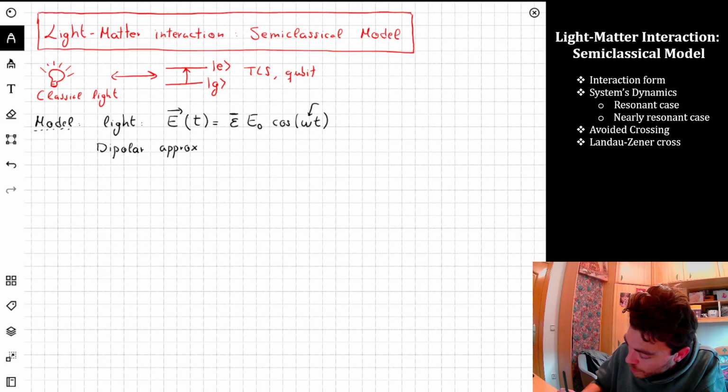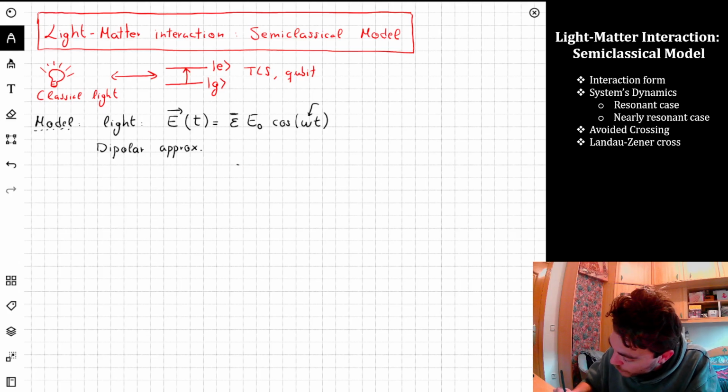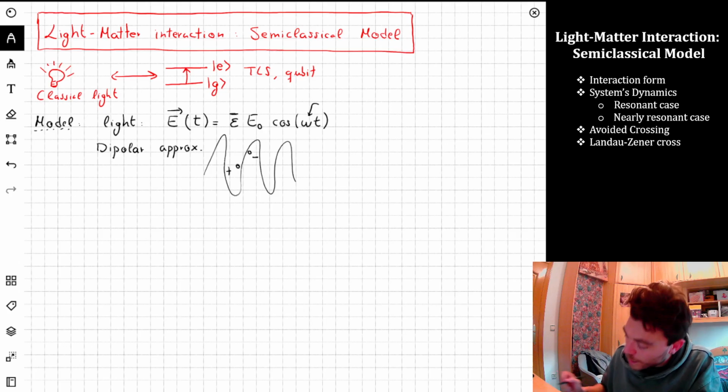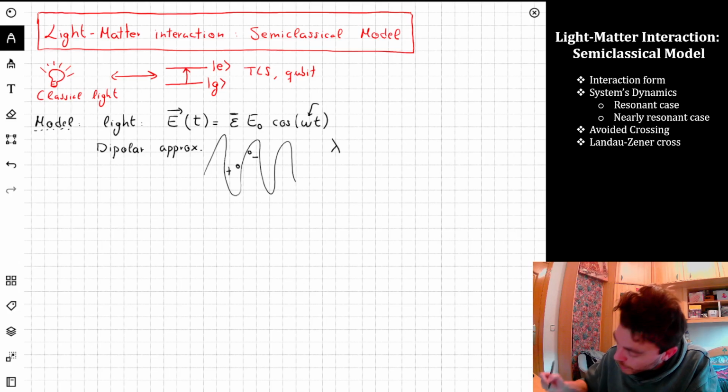So now, in this context, typically one has an atom, and an atom is a proton with an electron, or maybe a lot more electrons, but we will consider kind of like a positive charge and a negative charge around it. And then an enormous electromagnetic field around it. And why do I mean enormous? Because the dipolar approximation assumes that the wavelength of the light is way bigger than the atomic size.